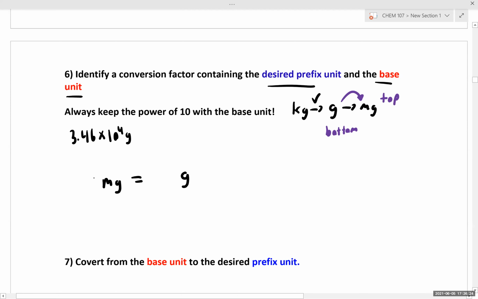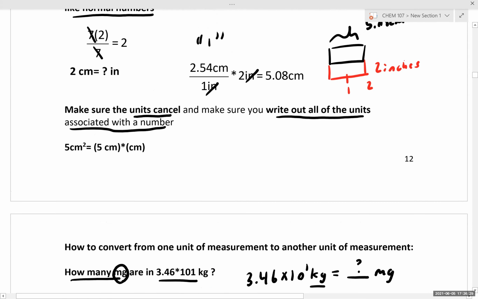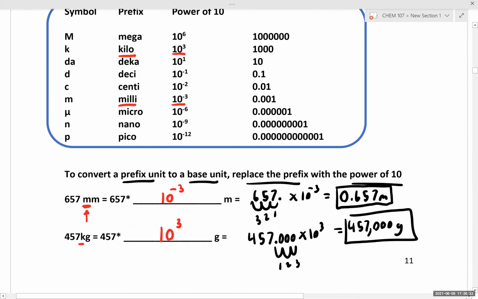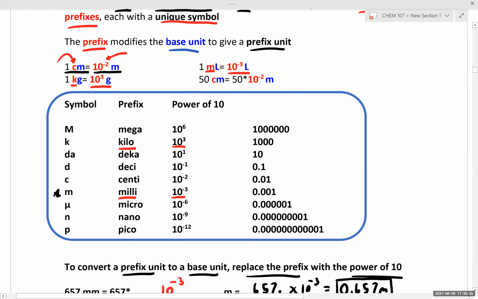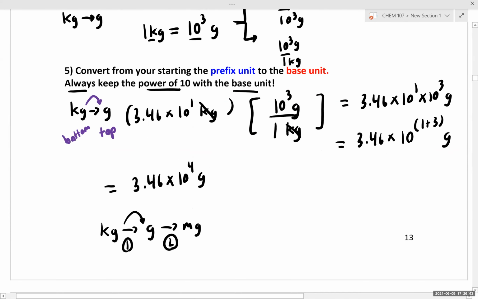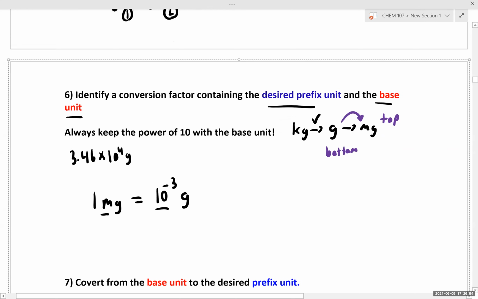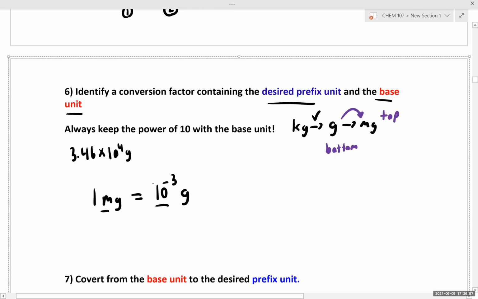And we know from our unit conversion table that the milli prefix corresponds to 10 to the negative third. So then we know 1 milligram corresponds to 10 to the negative third gram. We can inherently relate a prefix unit to the base unit by just replacing the prefix with the corresponding power of 10.